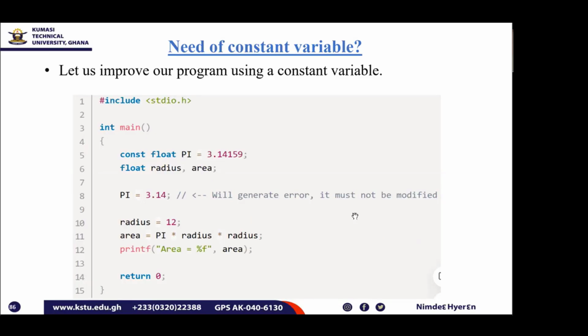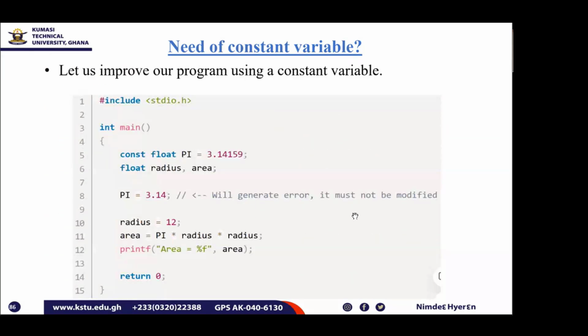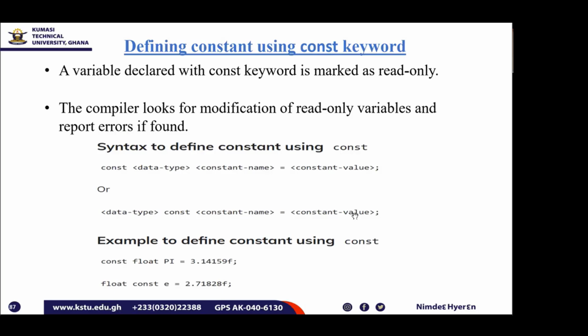So here, improving on that previous code, we would have a code like this, where constant float pi is defined before its usage for the calculation of the area of the circle. A variable declared with constant keyword is marked as read-only, like I said earlier on. The compiler would always look for modification of read-only variables and report errors if any of such is found.